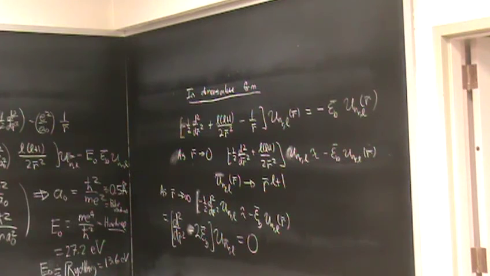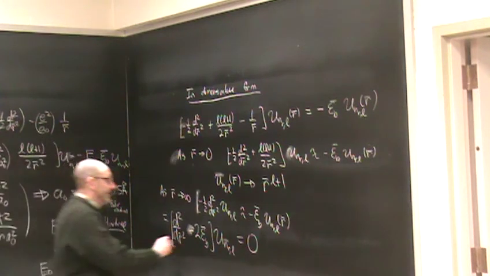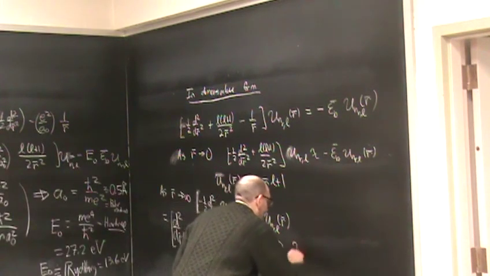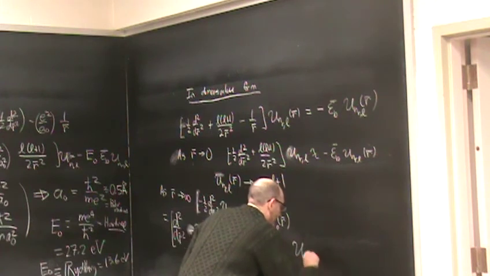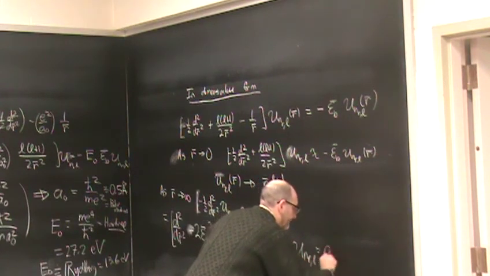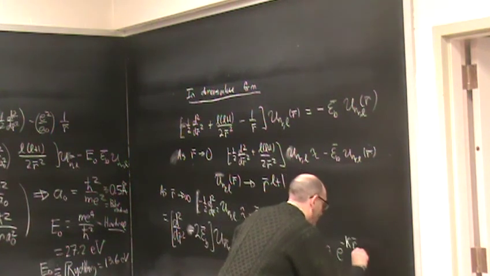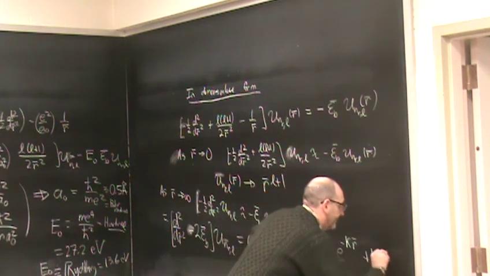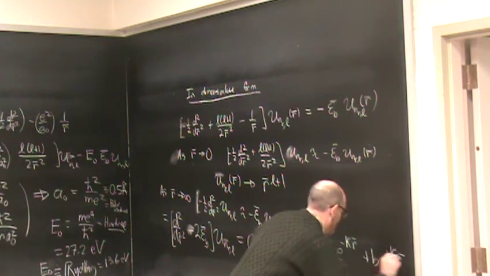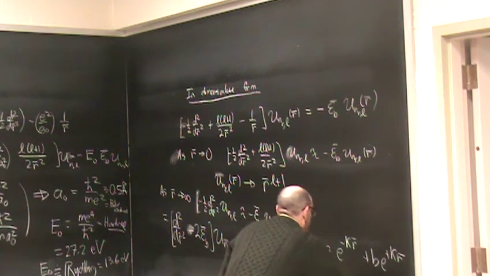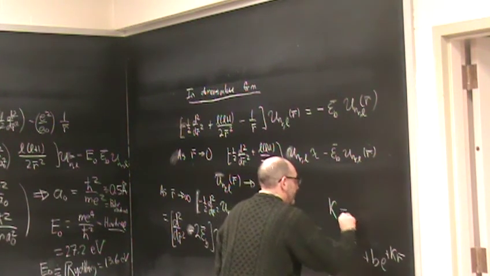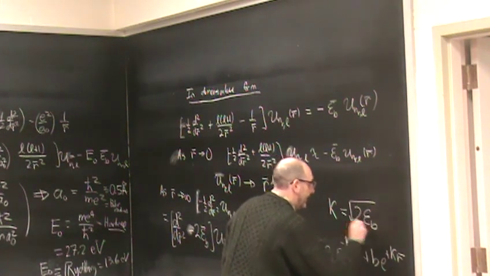What's the solution to that equation? Exponentials, right? So the solution is some constant e to the minus kappa r plus e to the plus kappa r, where kappa is the square root of twice the binding energy.